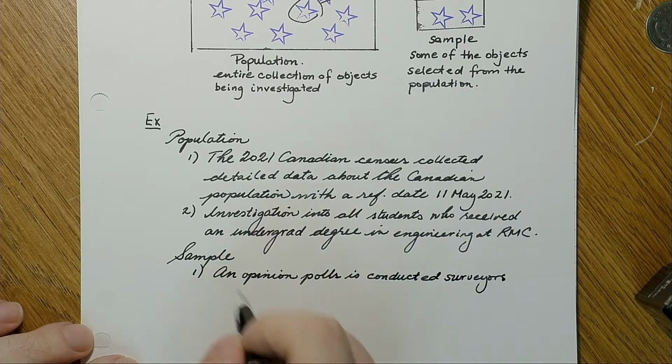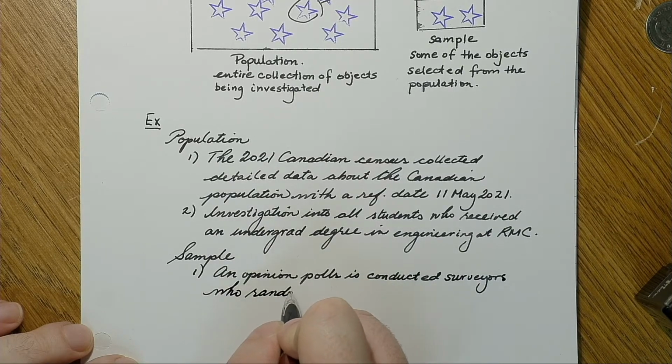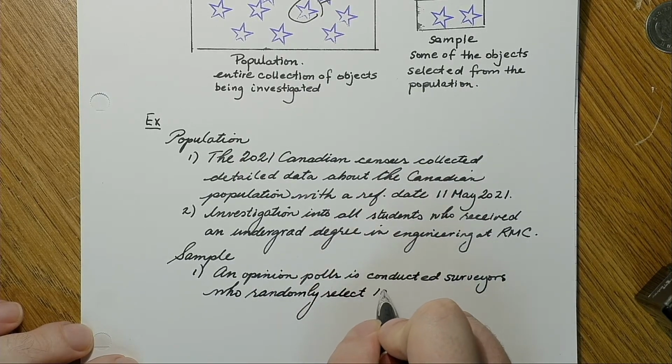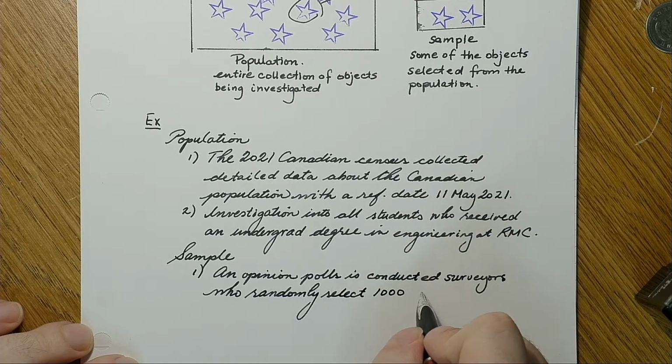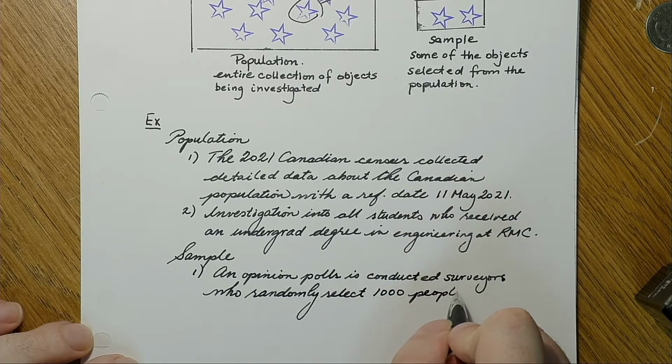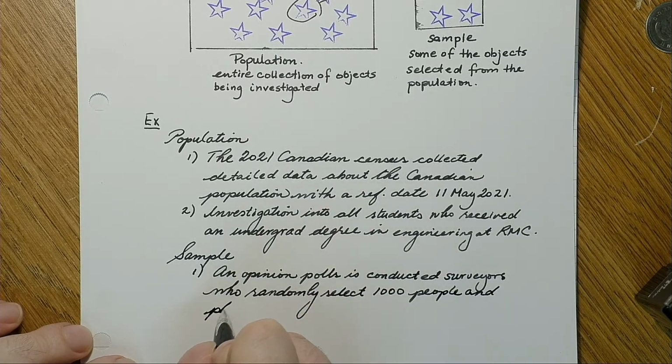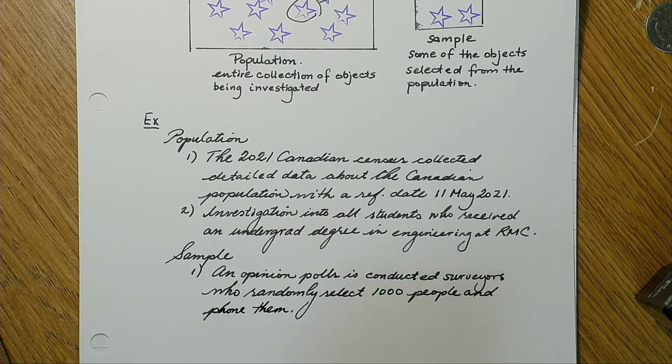And they randomly select, say, 1,000 people. And they phone them to ask questions.